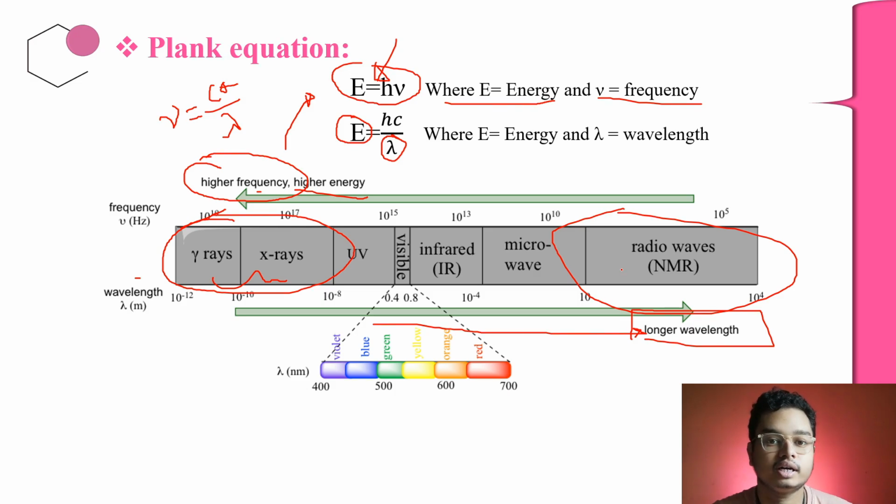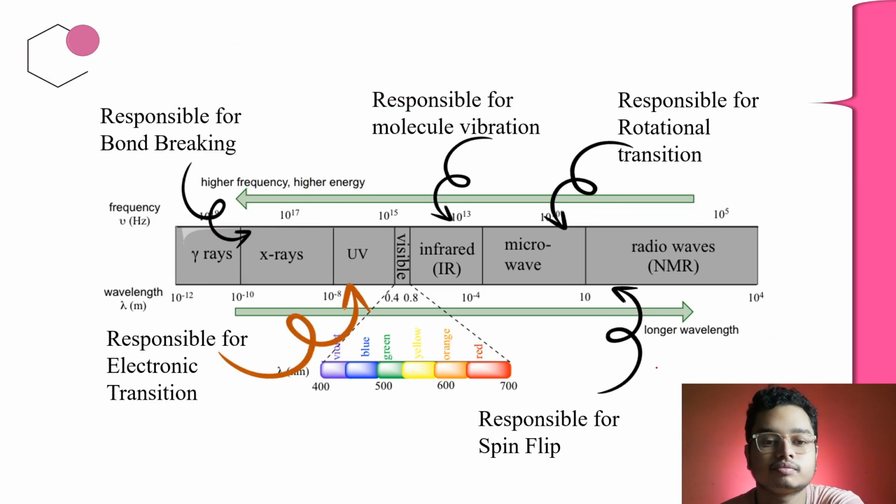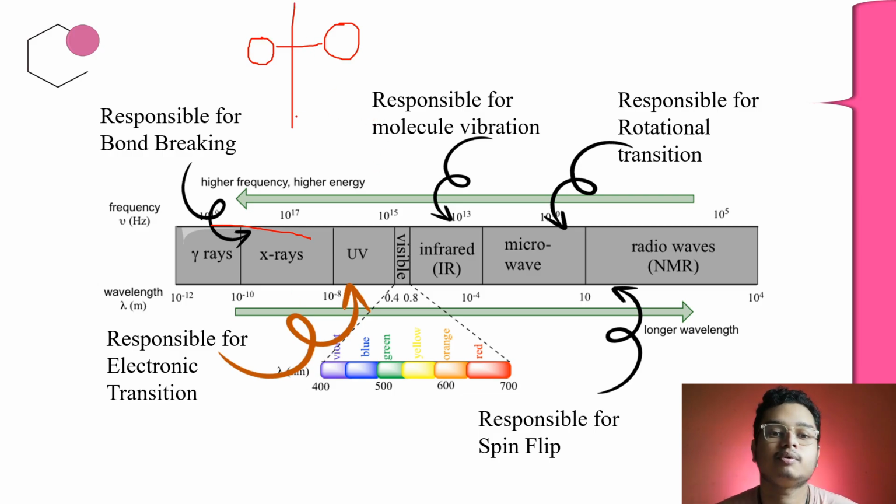Depending upon the energy difference, these rays, or waves, show different light-matter interactions, and depending upon the different light-matter interactions, we get different spectroscopy. Take X-rays and gamma rays. Let us show one bond here. X-rays and gamma rays have so much energy that when they irradiate an organic molecule, the bond breaks apart.